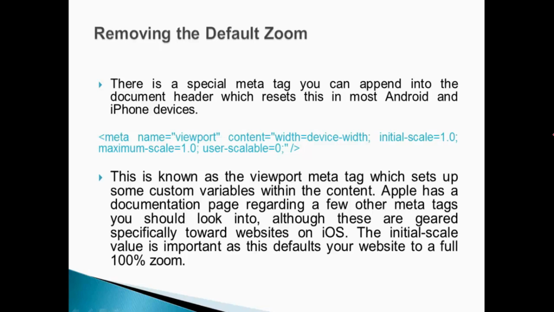Apple has a documentation page regarding a few other meta tags you should look into, although these are geared specifically toward websites on iOS. The initial scale value is important as this defaults your website to a full 100% zoom.